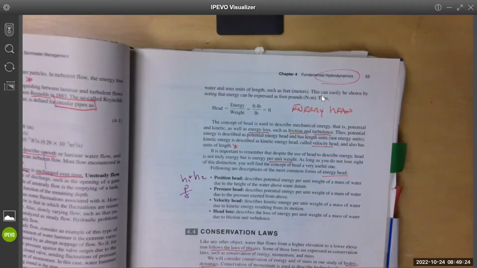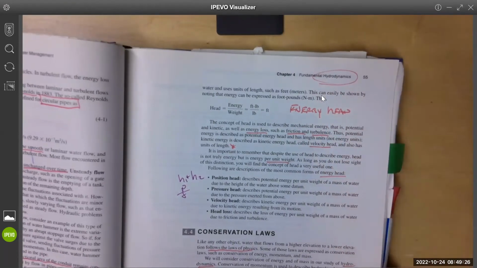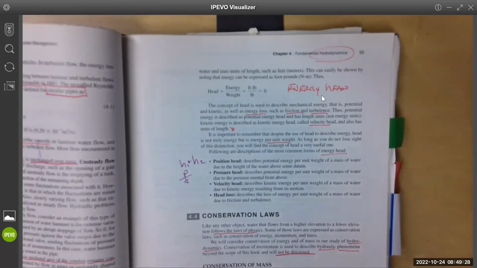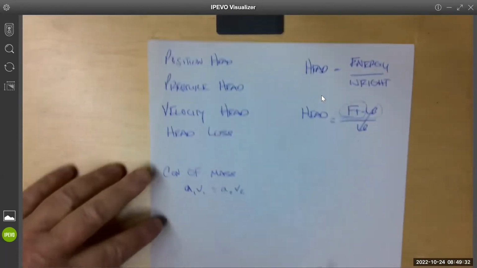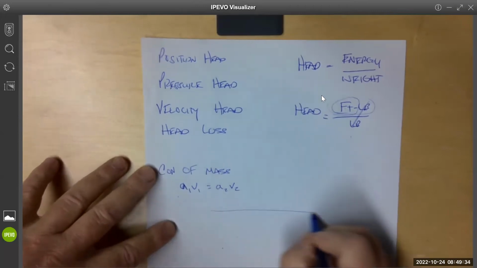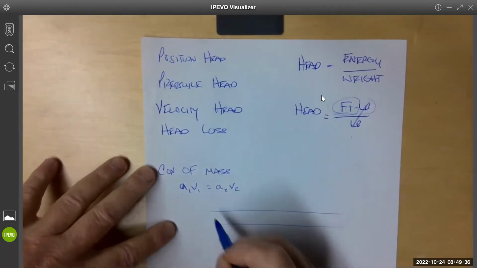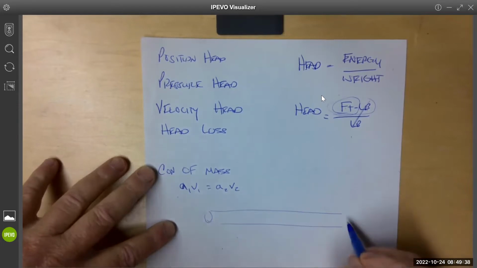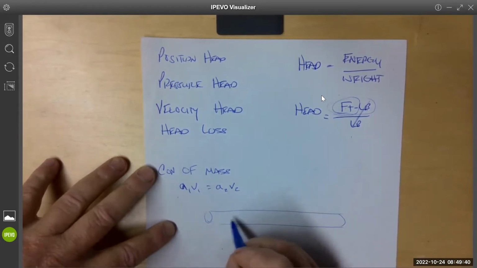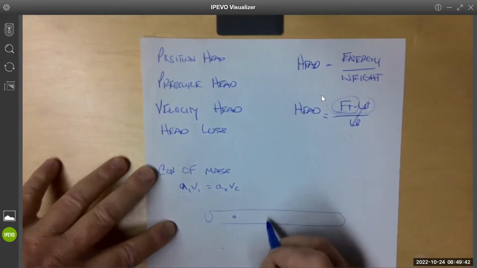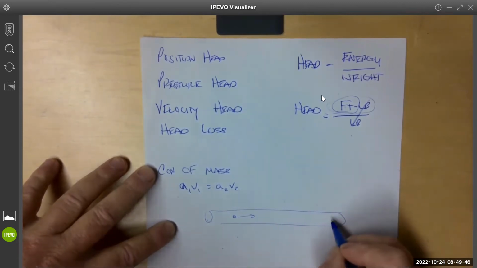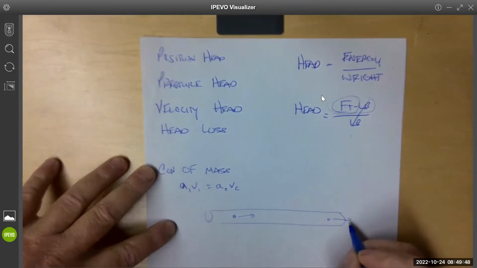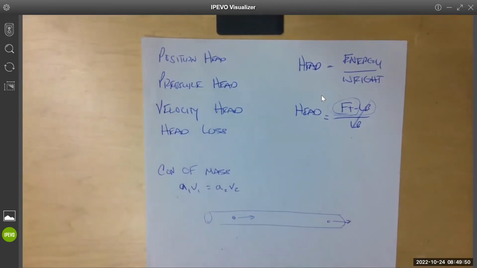All right. Then we go into the conservation of mass, which I think we talked about a little bit, right? This idea of if we have a pipe and we have a mass here and it's traveling at a certain velocity, then down here, it's going to be the same amount of mass that's traveling through.